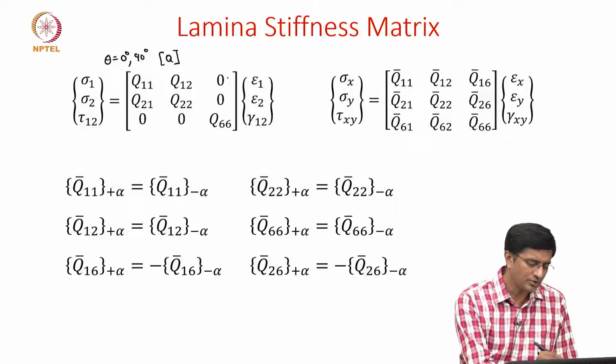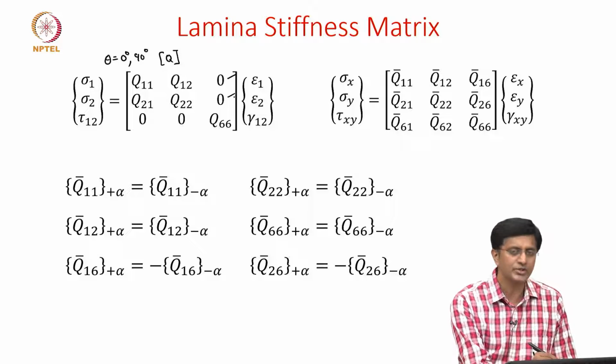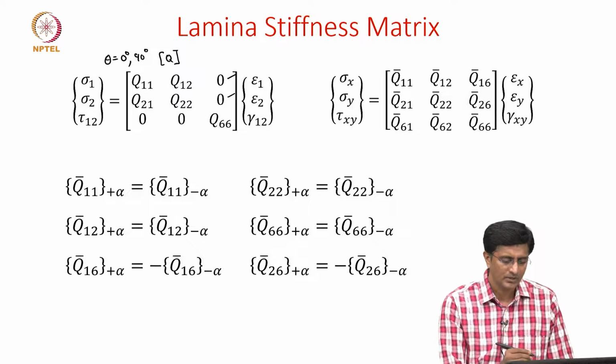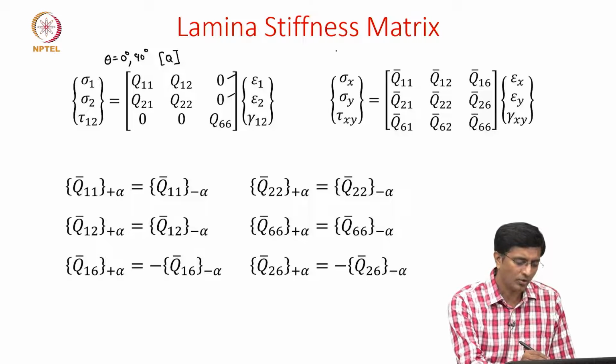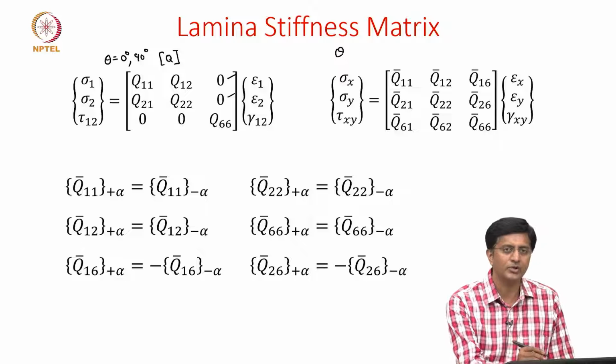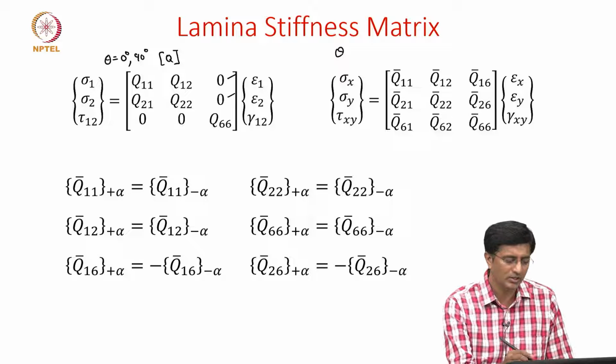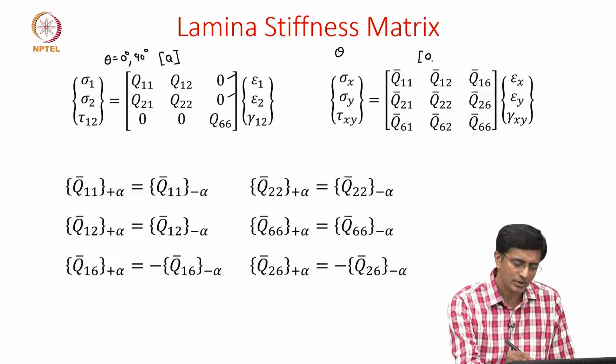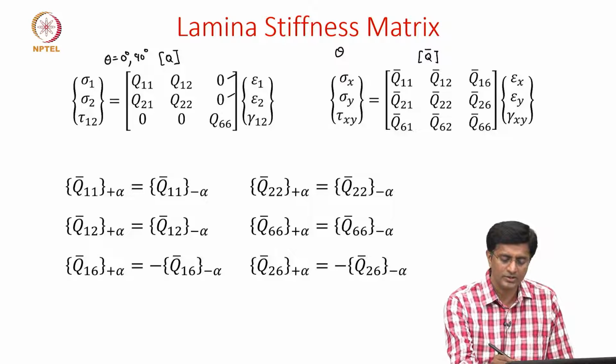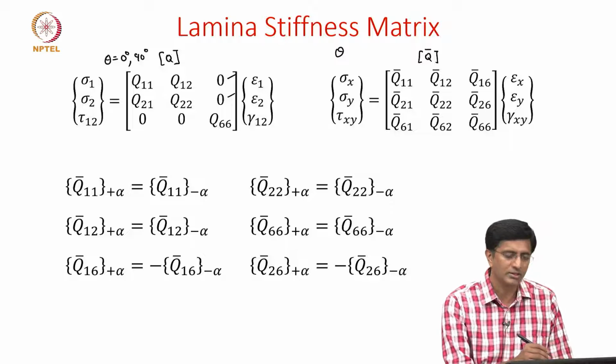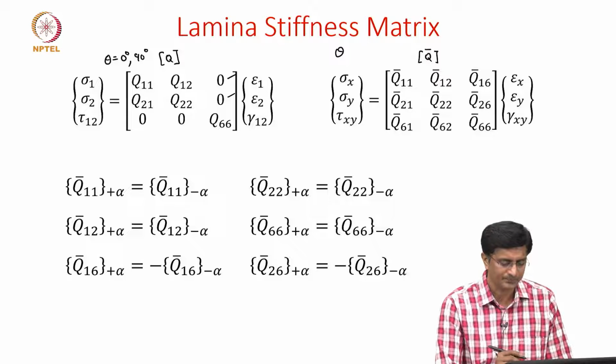Then Q16 and Q26 go to 0. But if we are talking about off axis, meaning any angle between 0 and 90, then we have to use the transformed stiffness matrix Q dash, where we notice that Q16 and Q26 are no more 0, like in the stiffness matrix shown here.